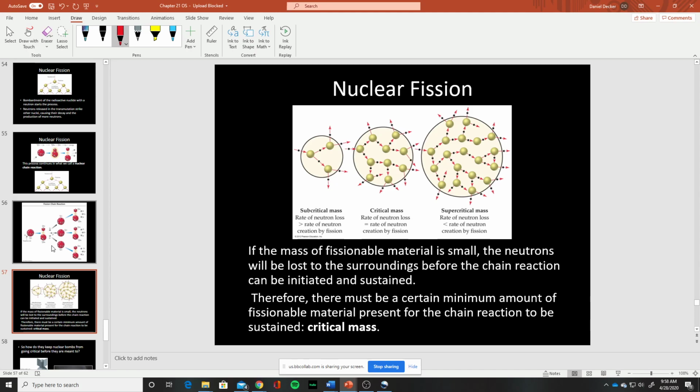So we have essentially a stasis where we're not losing more than we're gaining, if you will. It's a different way of putting it. And so then supercritical masses are where the mass is large enough that we're losing fewer neutrons than we're producing in our process. And so that critical mass is where we have a self-sustaining fission process occurring.